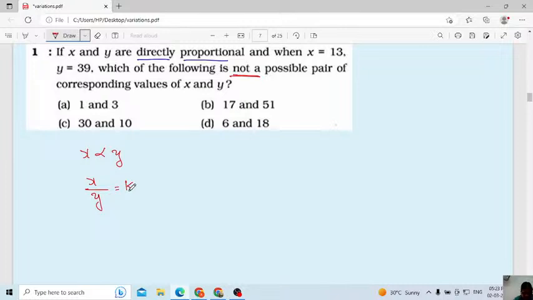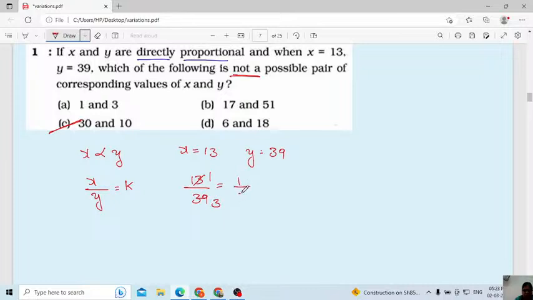Everyone is telling option C. Very good. Option C will not follow the proportionality condition. Let us check one by one. Here x is equal to 13, then y is equal to 39. You know the ratio will be the same. 13 by 39 means 13 ones are 13, 13 threes are 39.